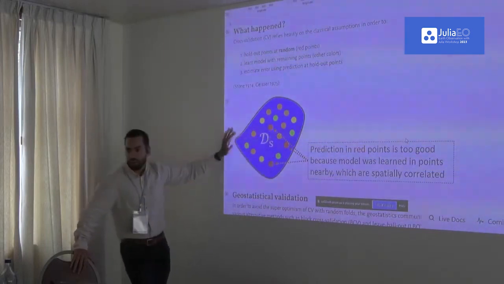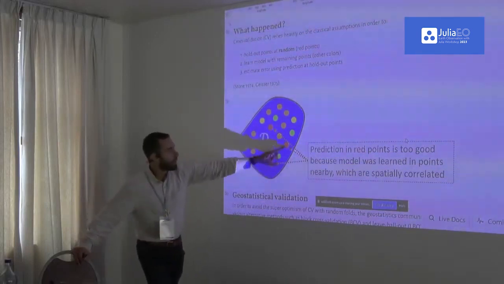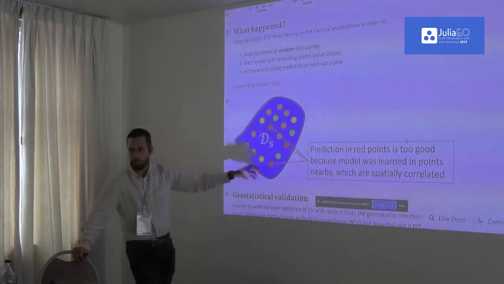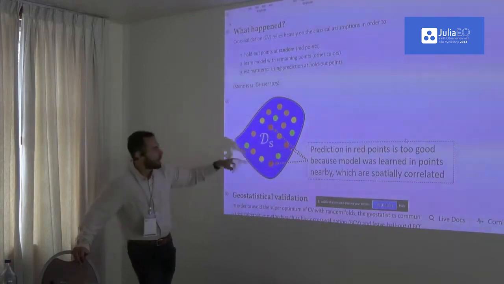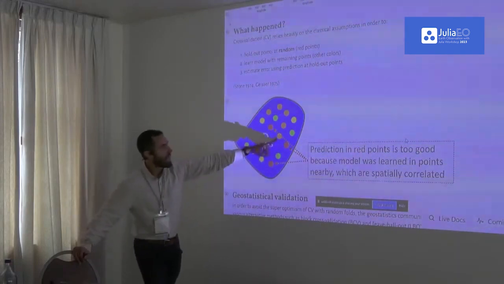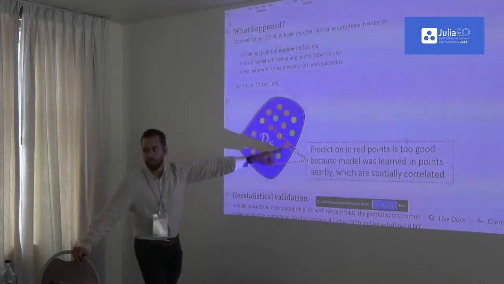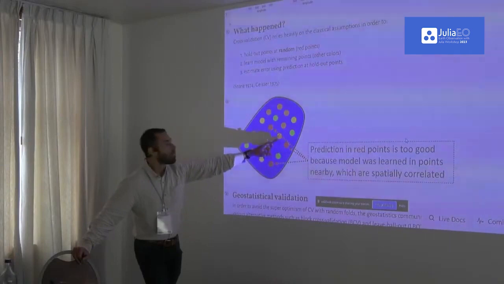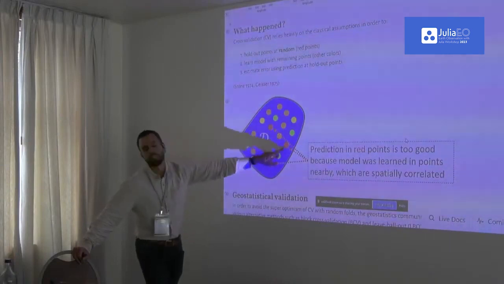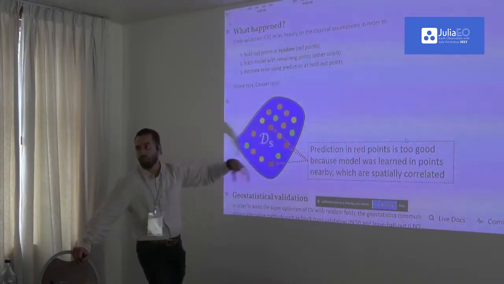By randomly selecting folds like this, you get a situation where fold orange, fold red, fold green, and fold yellow are spread everywhere, because this is random sampling. Because of that, when you hide fold red to use as your hidden fold and train the model with the rest, you will always have a sample that's too close to fold red.